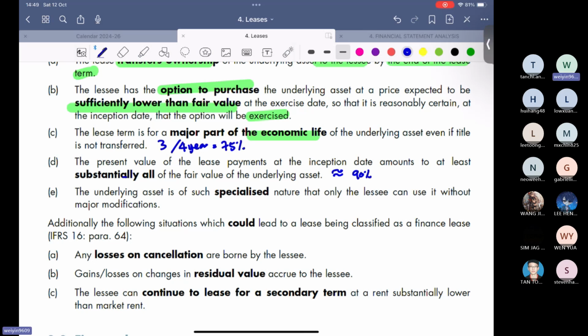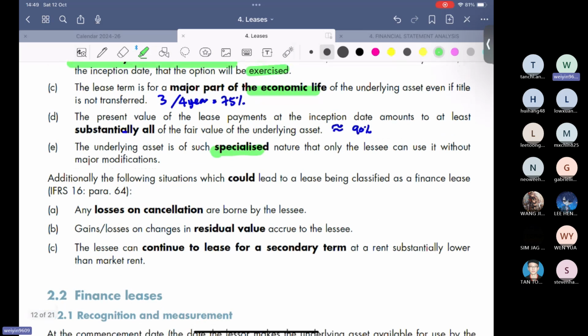Then the last one, the underlying asset is of such specialized nature that only this lessee can use. Additional indicators could lead to a finance lease. Like for example, any losses on cancellation is borne by the lessee. So that's why risk and rewards has been transferred. Gain or loss of changes of the residual value accrues to the lessee.